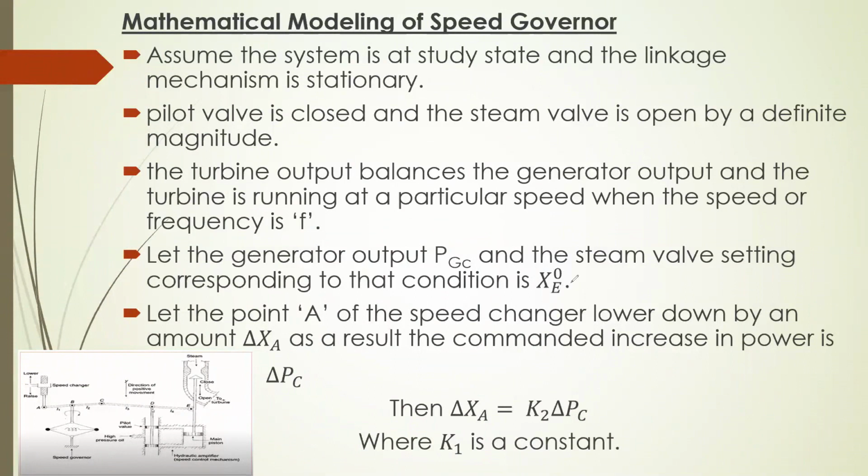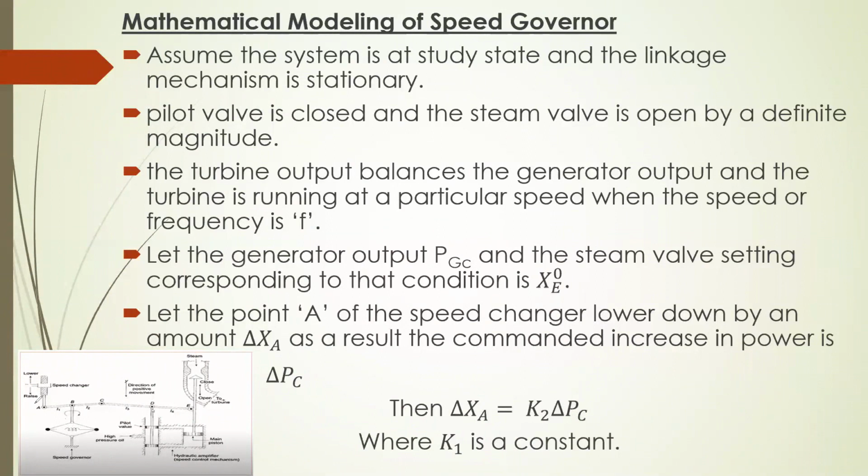Whenever the position is changed according to the variation of the demand, that XE value will also change. That change I am assuming as delta XE. This delta XE is taking place with respect to change in A itself.